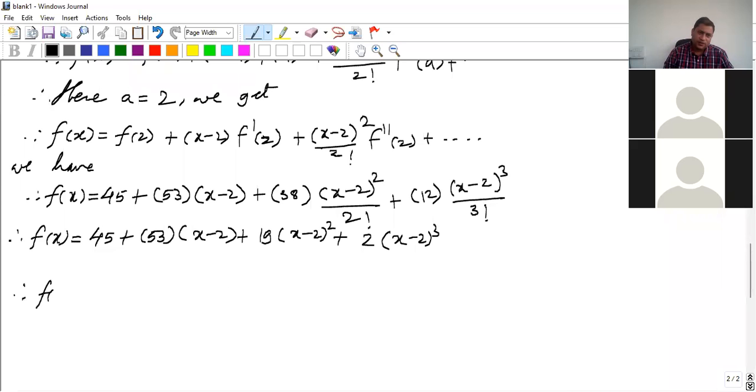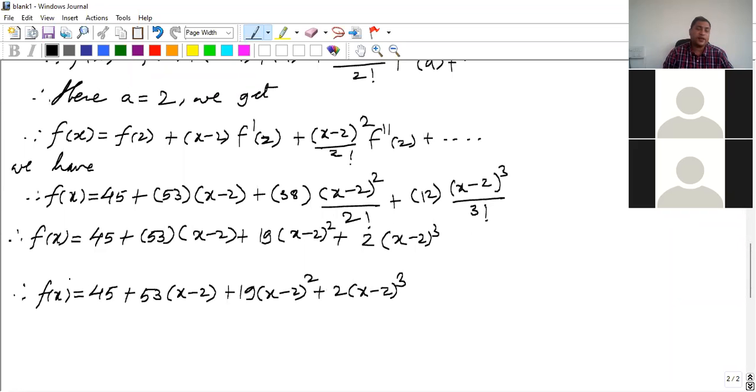So we got this expression as f of x is equal to 45 plus 53 into x minus 2 plus 19 into x minus 2 bracket square plus 2 into x minus 2 bracket cube, in terms of x minus 2.